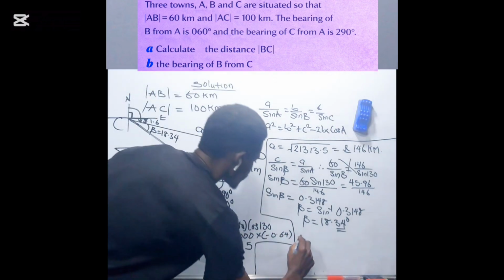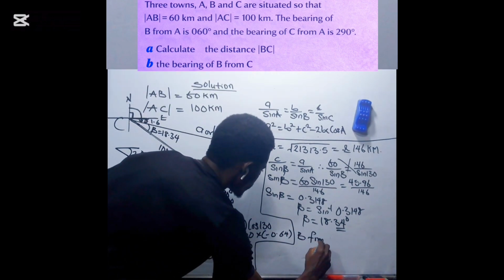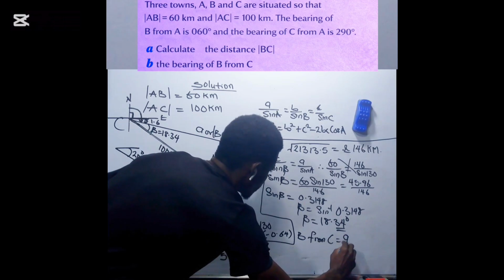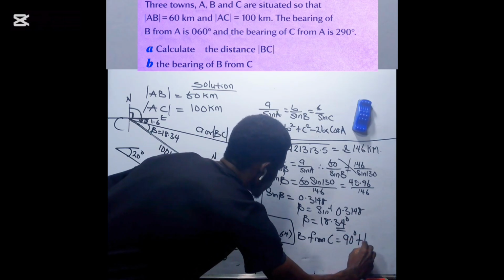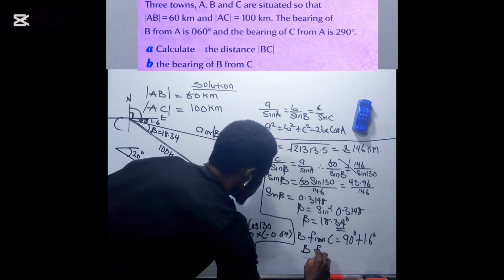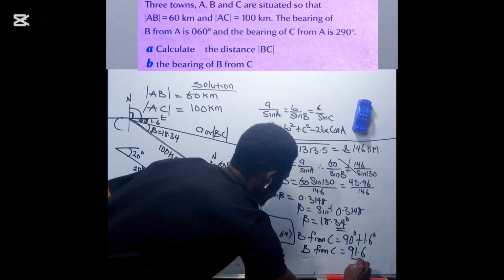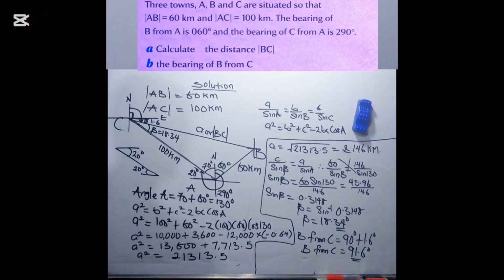So B from C will be 90 degrees plus 1.6 degrees. That means B from C is 91.6 degrees approximately.